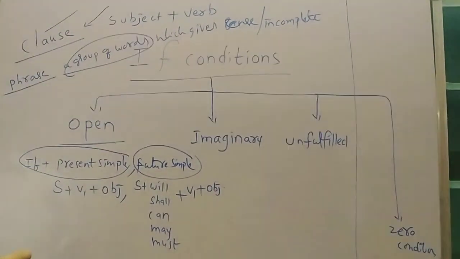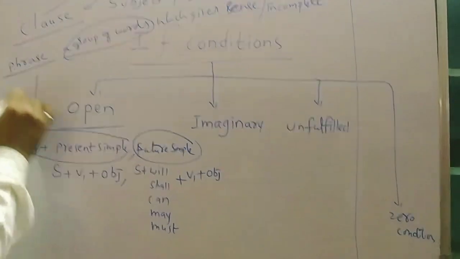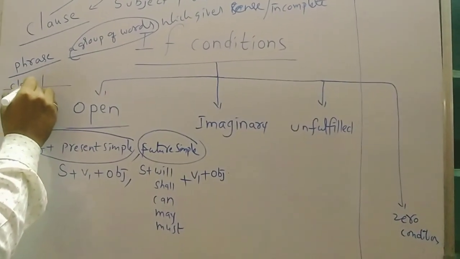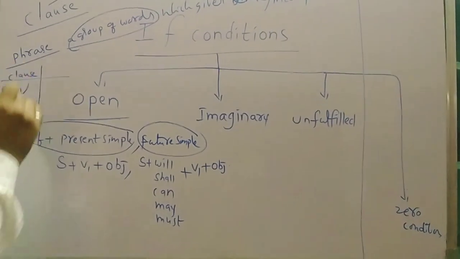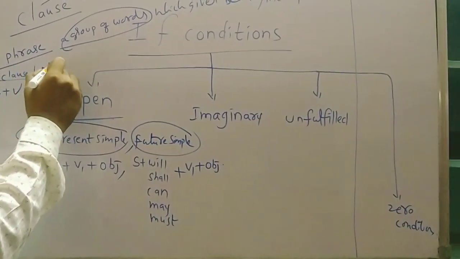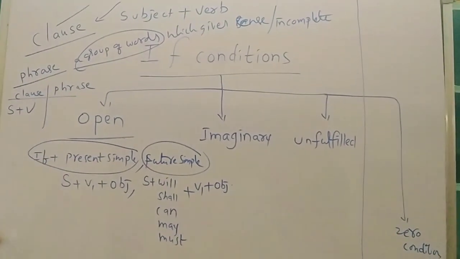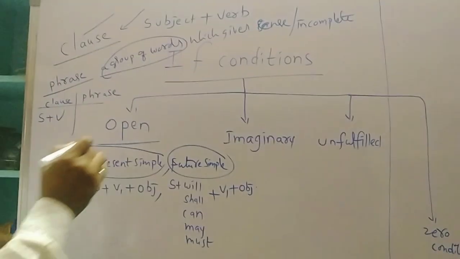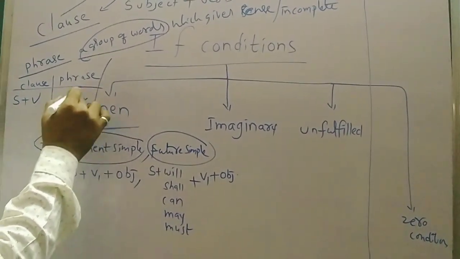Clause is also a group of words. So what is the difference between a clause and a phrase? Clause gives complete sense because it has subject and verb, whereas a phrase doesn't give complete sense, but it gives a sense, because it doesn't have subject and verb.